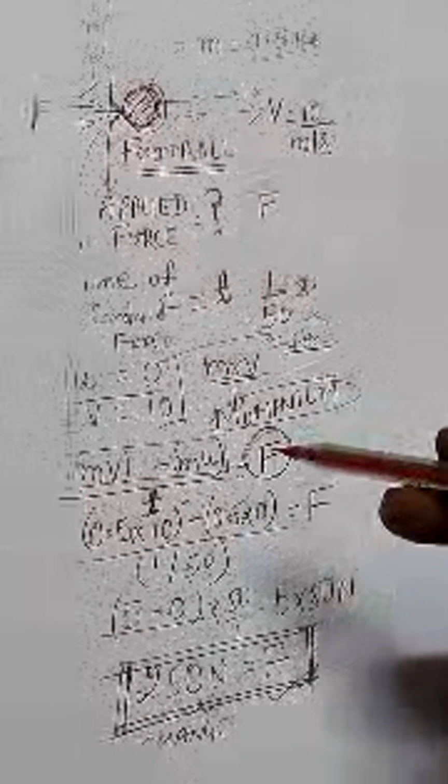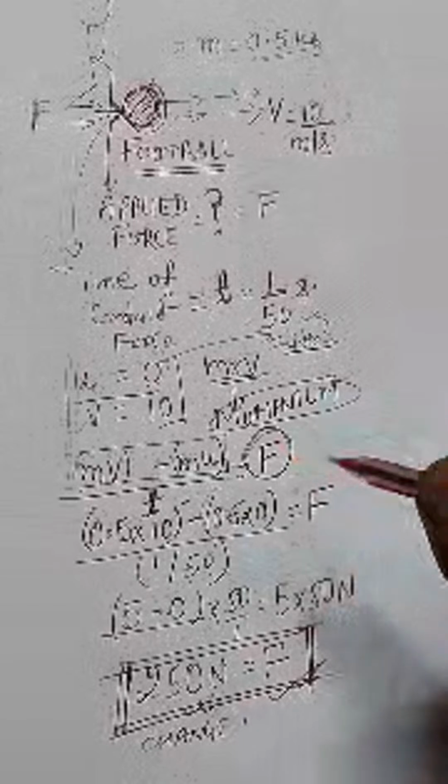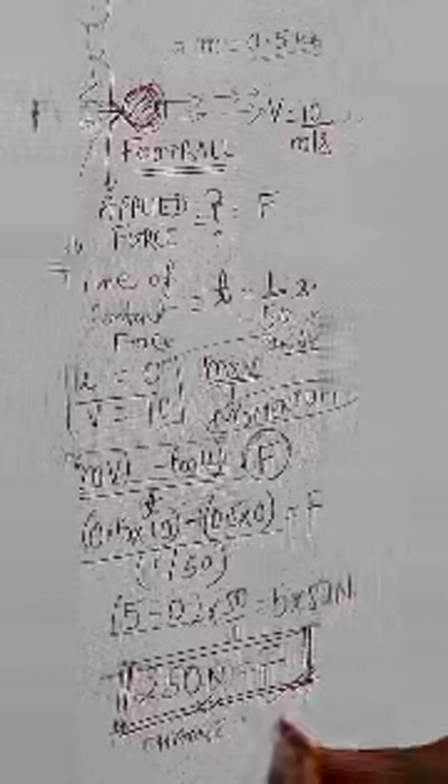The rate of change of momentum. You know what is change of momentum and what is rate of change of momentum? There is a difference between them. The change of momentum is delta, that means final value minus initial value.